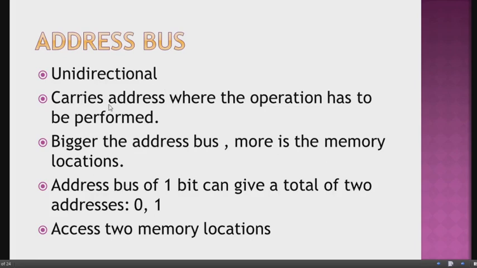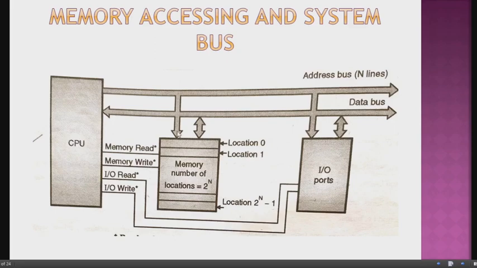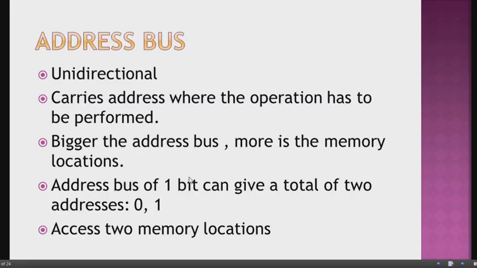The address bus carries the address where the operation has to be performed, meaning the address of a memory location or of an IO port is placed on this address bus by the CPU, and the data or the operation to be performed is represented by that particular address.